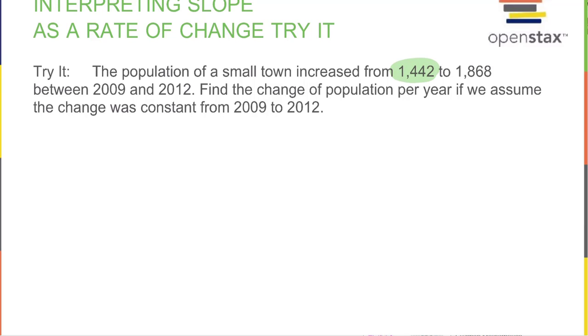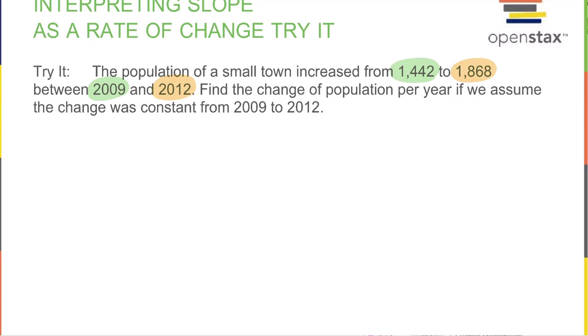It was 1,442 at the beginning, which is 2009, the beginning of this scenario. And then it increased to 1,868 in 2012. We say 2009 is the beginning because that's when we start paying attention to how much it increased.